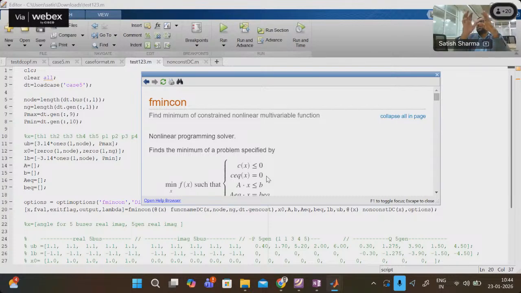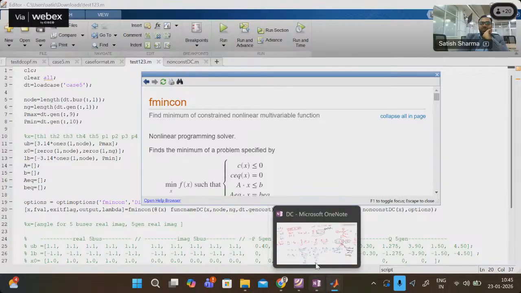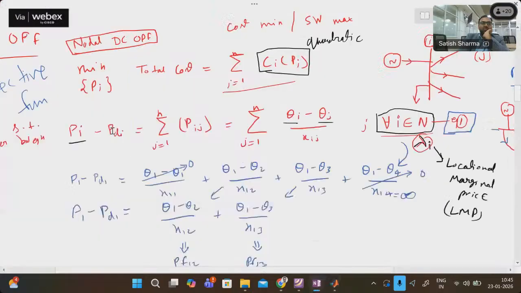So I have to make the entire equation equal to 0, either by moving all of these to this side or this to the other side.